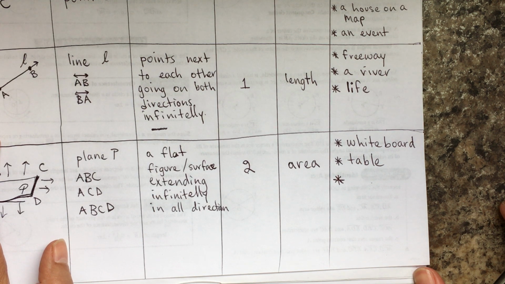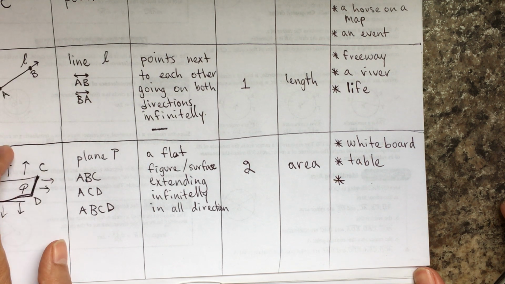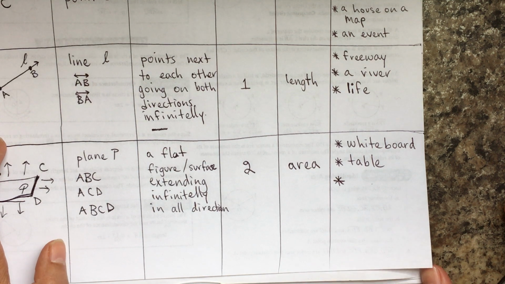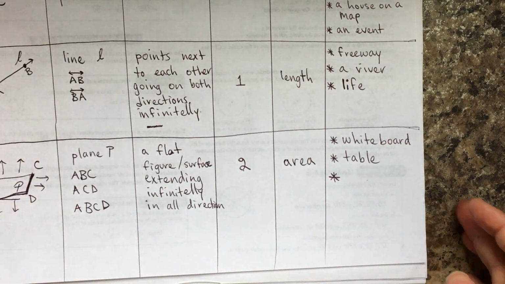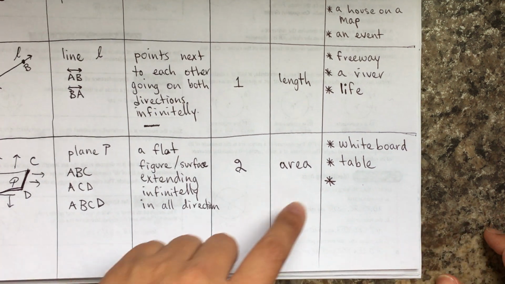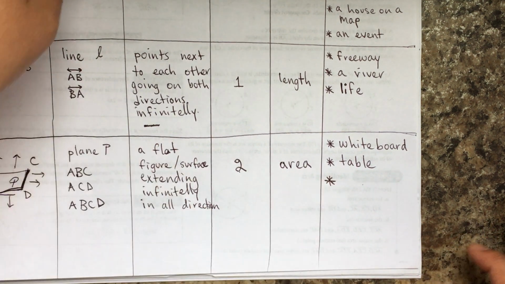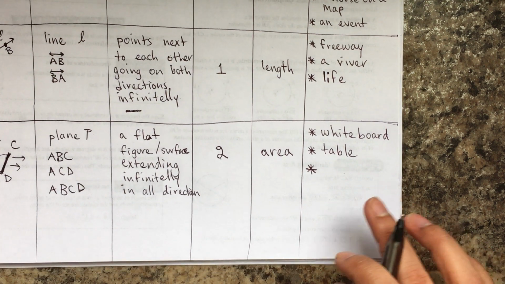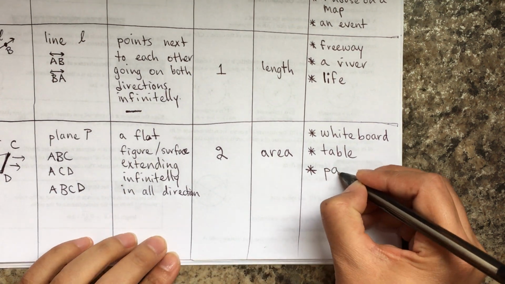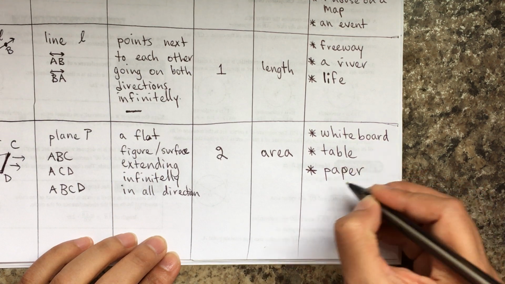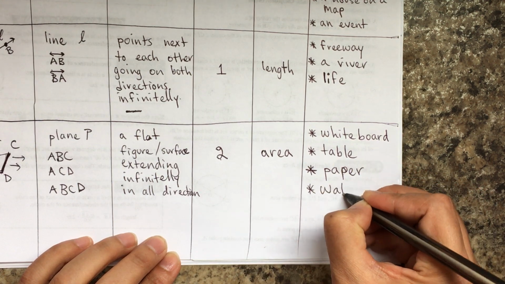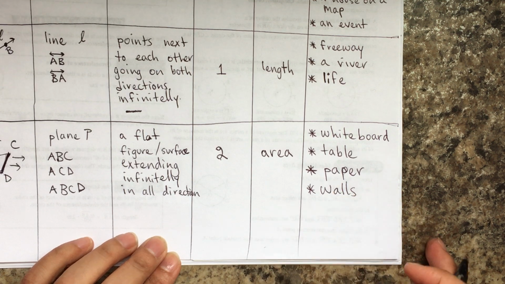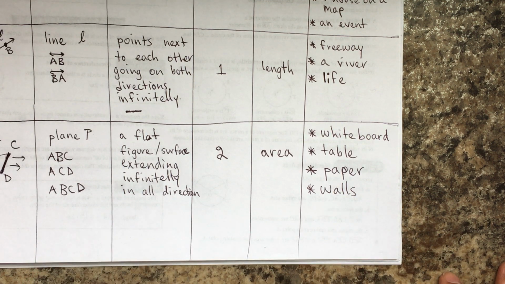Then they thought that it was a plane, but now we know that it's more or less an exact sphere, although it's a little elongated. What else did they mention? The paper, they said it was also a flat surface. Walls. So these are some examples of planes.